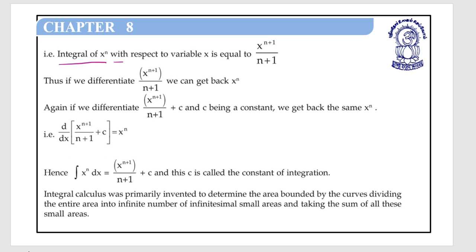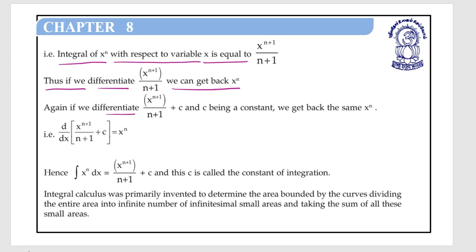The integral of x raised to n with respect to variable x is equal to x raised to n plus 1 upon n plus 1. Thus, if we differentiate x raised to n plus 1 upon n plus 1, we get back x raised to n.